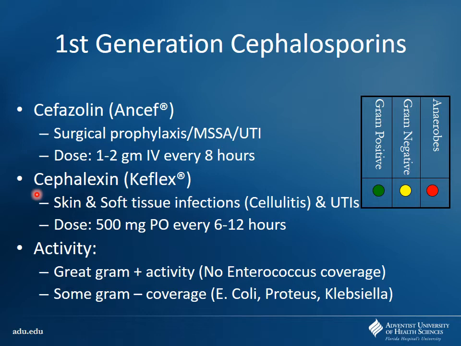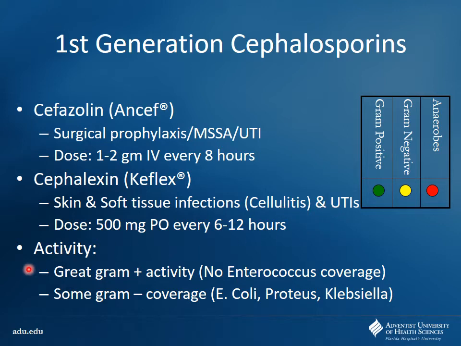You're going to see it used for lots of skin and soft tissue infections, and again, things like cellulitis. That makes sense based on the gram-positive coverage, and also occasionally for some UTIs. You'll typically see more UTI failures with cephalexin, usually due to resistance, and because it doesn't have great gram-negative coverage, it's pretty easy for those gram-negative bugs to develop resistance against these 1st generation cephalosporins.